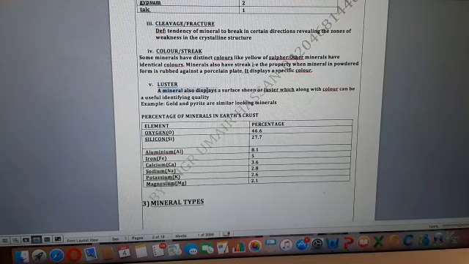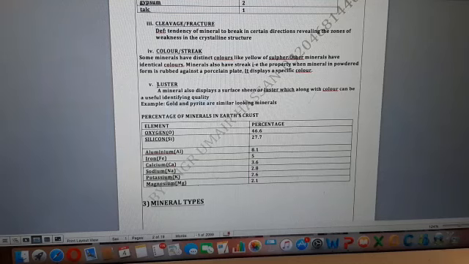Next one is luster. A mineral also displays a surface sheen or luster, which along with color can be a useful identifying quality. Like gold and pyrite are similar looking minerals.